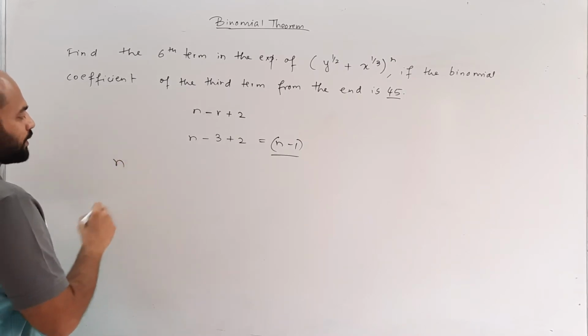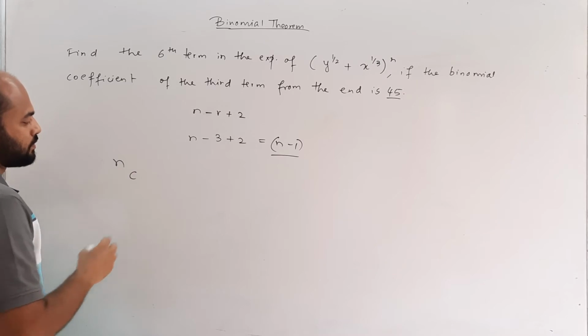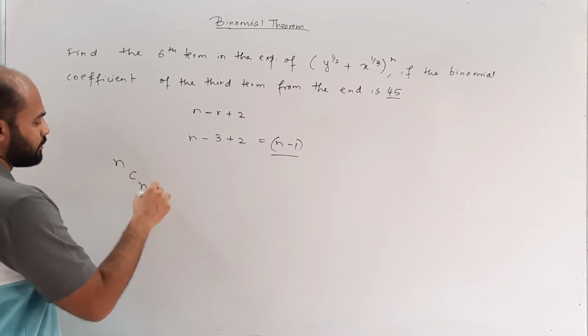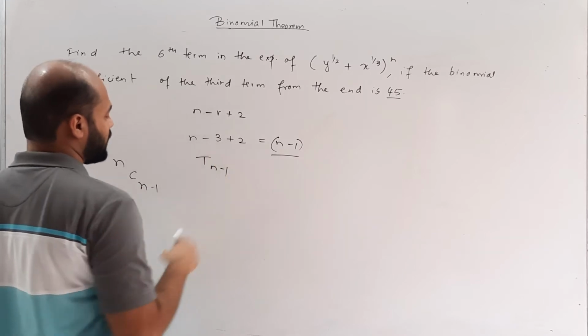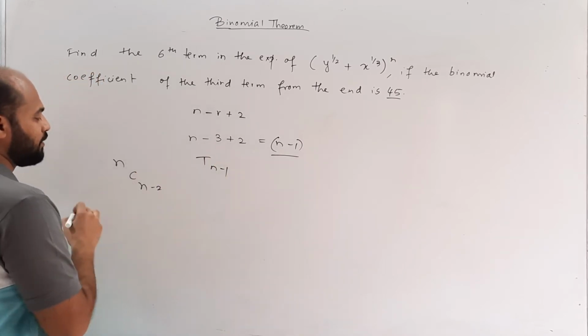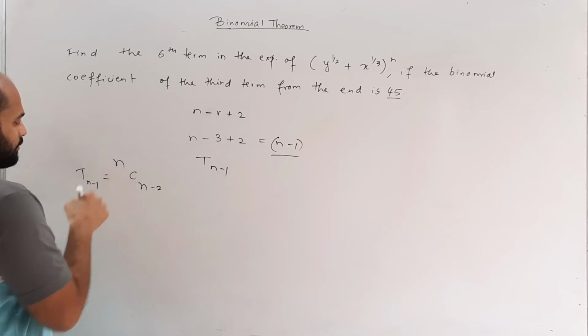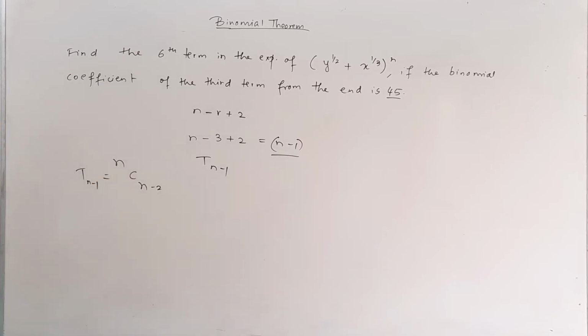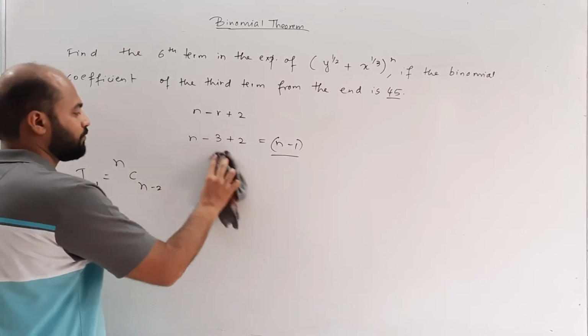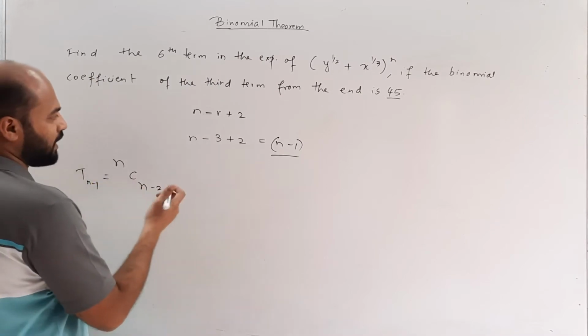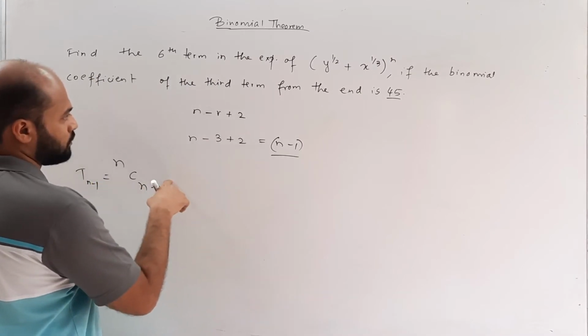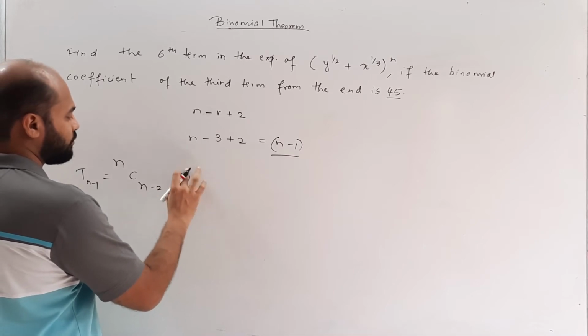So what we get over here is nc n minus 1. So t n minus 1, this is going to reduce to t n minus 2. This term is given to us. So the first thing that we have to find is n. If we find n, then finding this sixth term is not a big deal. So nc n minus 2, y raised to half.